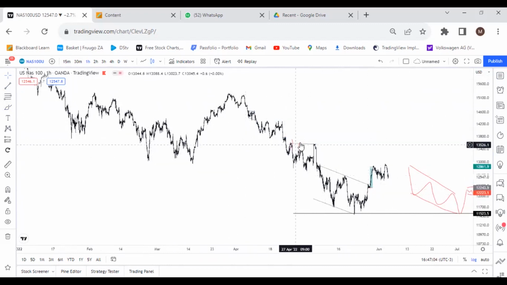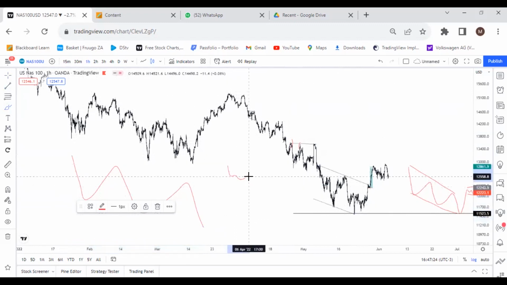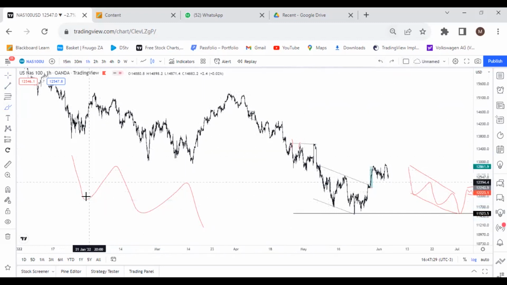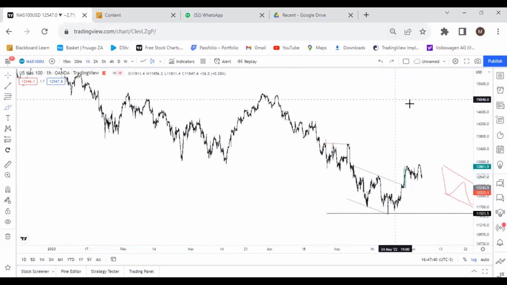But this only applies with indices. Remember that, because with a currency you get proper structures where the price moves distinctly. It won't be as messy as indices.